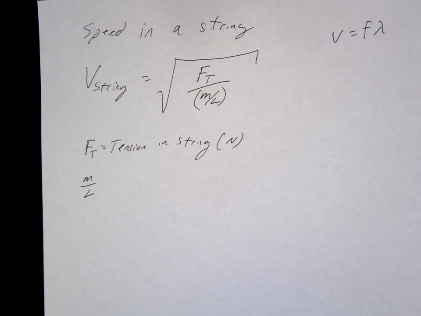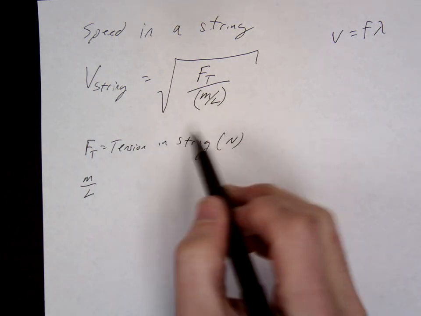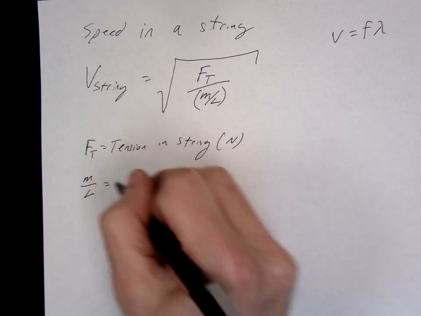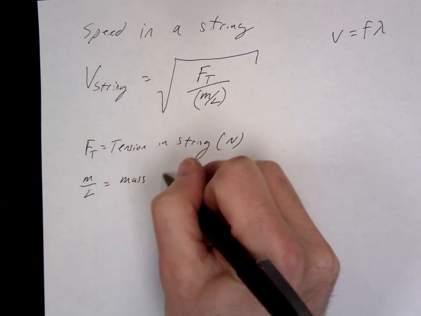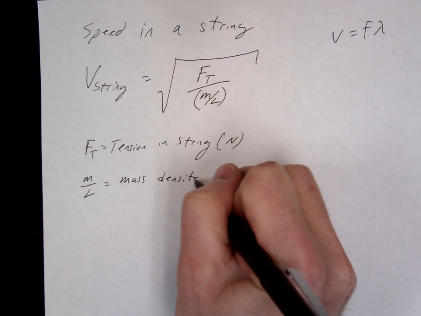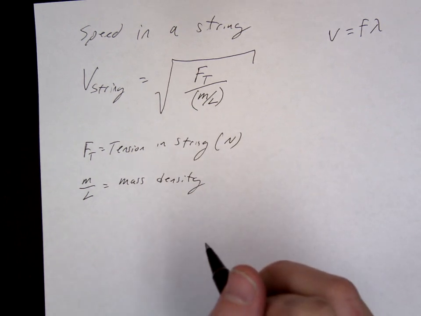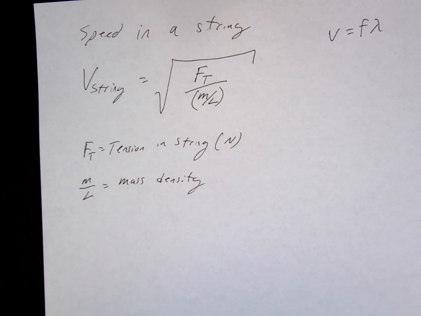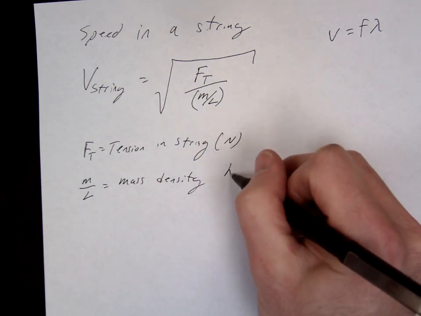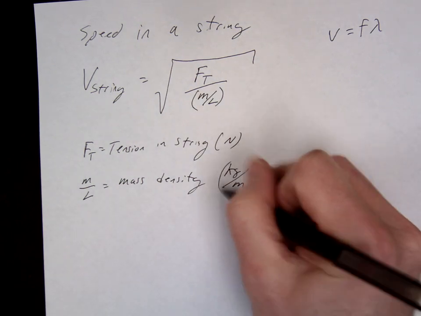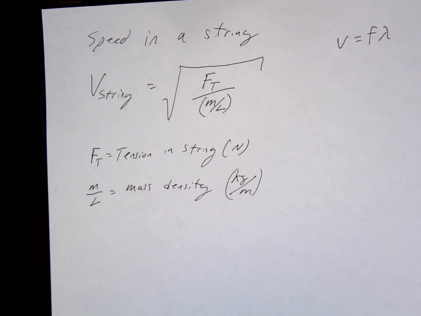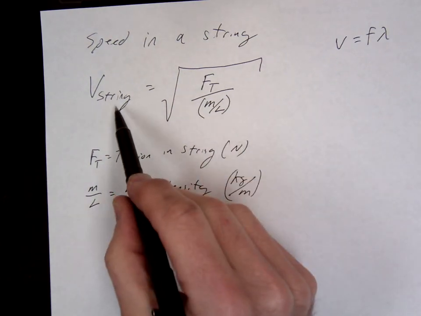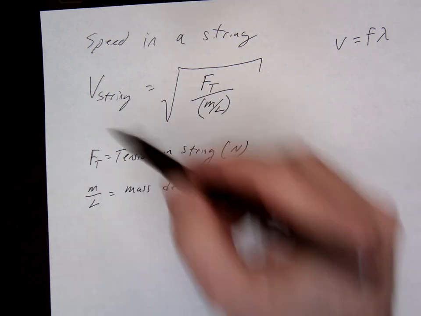So it's not just the total mass of it, but the mass over length, or what we call mass density. So it's about how heavy per meter, the kilograms per meter of the string. That's going to change the velocity. So the greater the mass density, the smaller the velocity. Okay, so that's our v for the string.